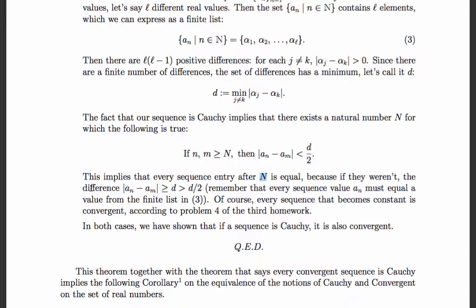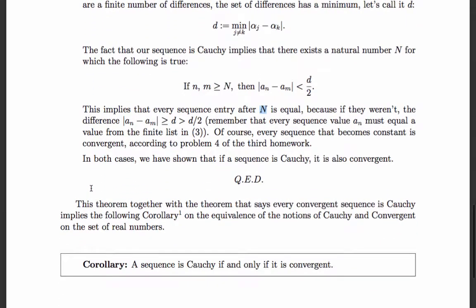Now, you proved in problem 4 of the third homework that such a sequence is convergent. And every convergent sequence is Cauchy. So therefore, in the finite number of possible values, a Cauchy sequence is also convergent. QED.